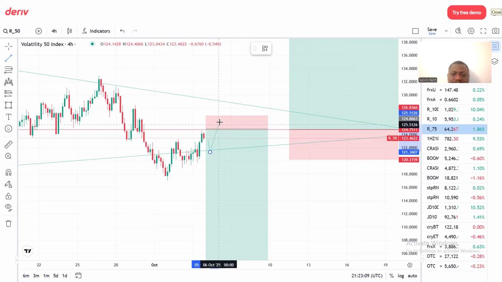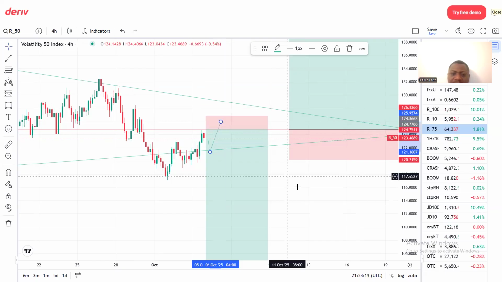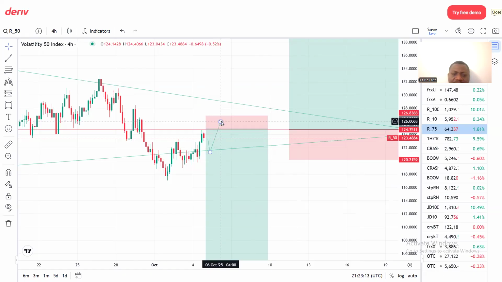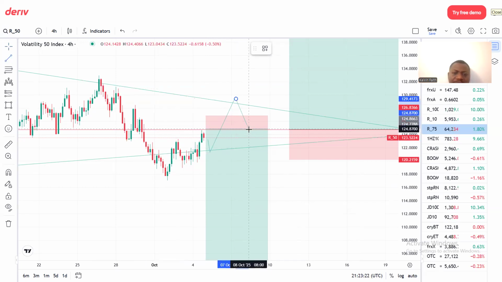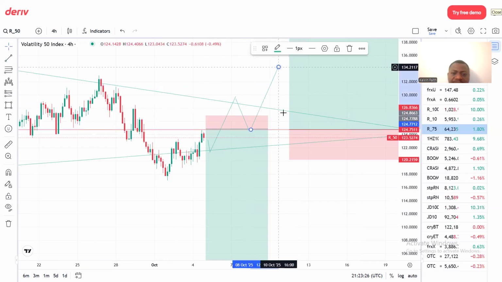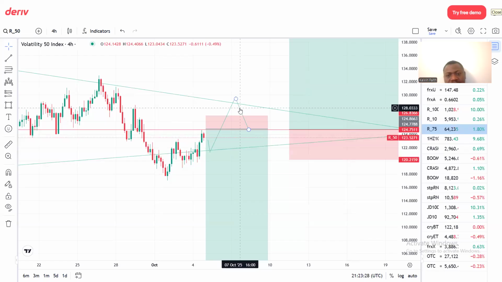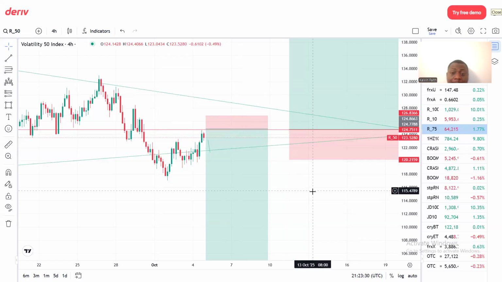But if it doesn't close above this red line, you are still not safe. If it closes above this red line and goes to close above this trend line, you are perfectly safe to hold buys. Something like this. Until that happens, we will not be safe to buy.